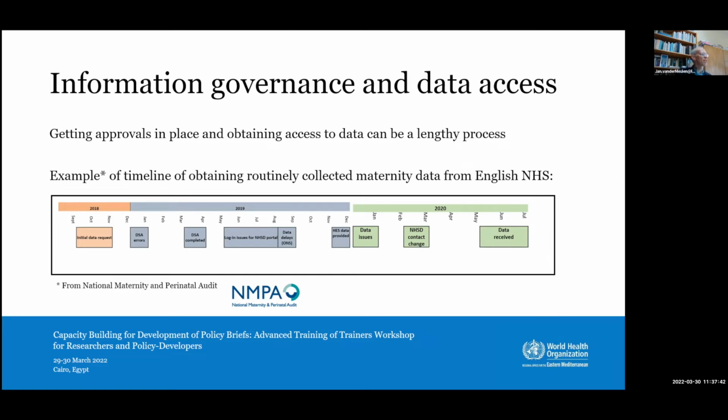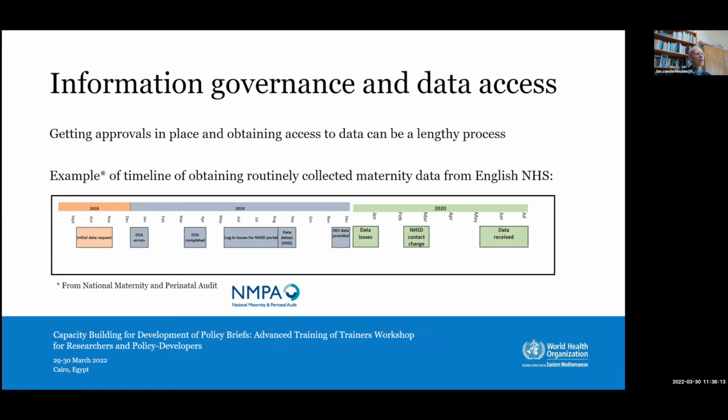And you see that it started in September 2018. And we had all kinds of problems. For instance, we had to get the initial request right. That took ages. Then we had what we call data sharing agreement errors, a formal agreement between all kinds of parties that need to agree that everything is in place and that all conditions have been met. Then there were issues with the data itself. Then we didn't get the right data, and the Hospital Episode Statistics, that administrative data of the NHS, was not always correct.